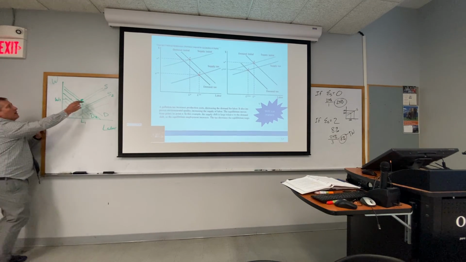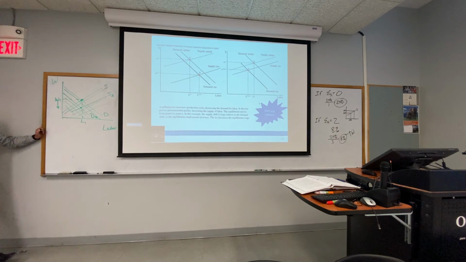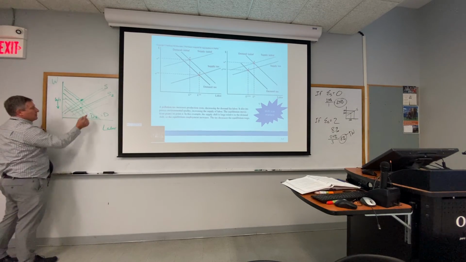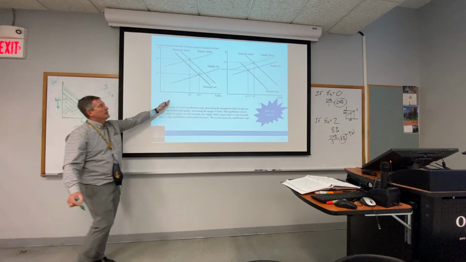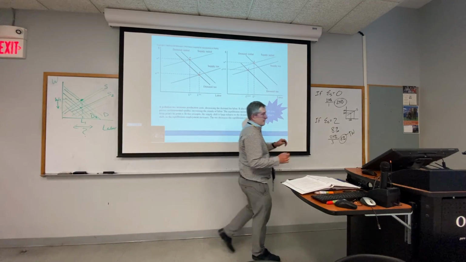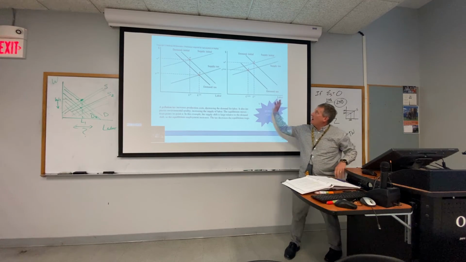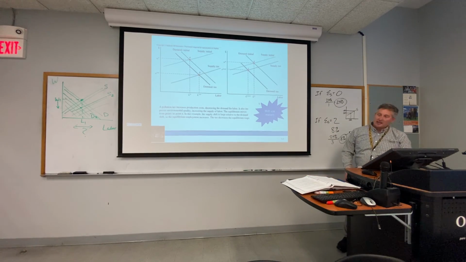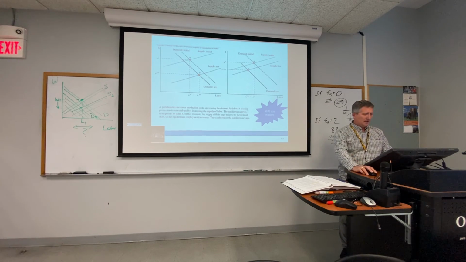And so we know that all the possible equilibrium points are somewhere south of where we started. We could be an increase, we could be a decrease, depending on the size of the shift. So that's what the author's depicting here. That we'll be uncertain about one or the other, depending on the size of the shift. Okay, questions on that part?